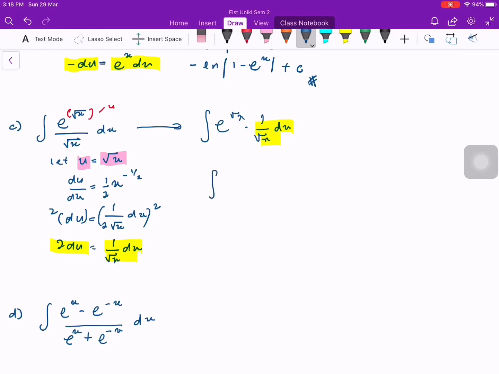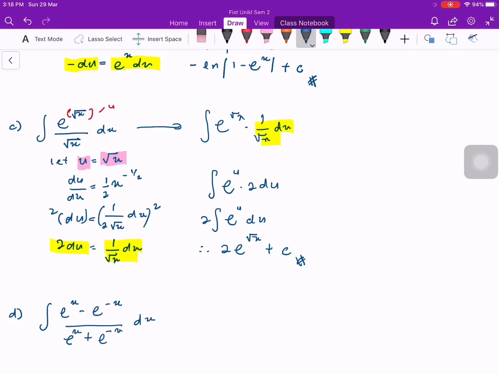Therefore we are going to have the integral of e to the power of u times 2 du. So 2 is a constant, we take it out, and we get the integral of e to the power of u du. Then we are going to have 2e to the power of root x plus an arbitrary constant.